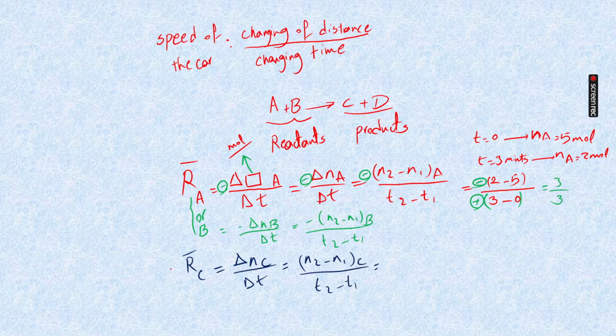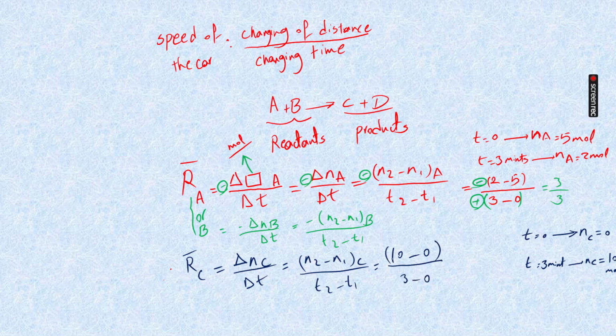And you know, in the reaction, C is a product. For example, at T0, the concentration of C is 0. After 3 minutes, for example, it increases to 10 mole. So n2 should be 10 minus n1 over T2, 3 minus 0.